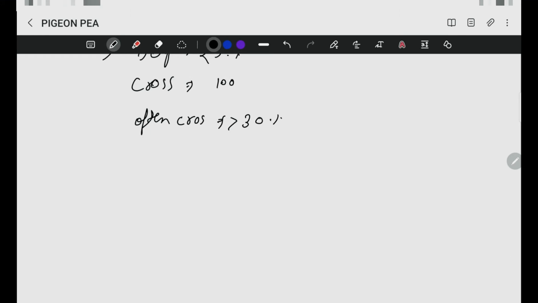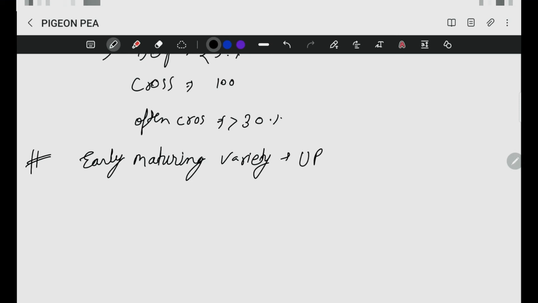Don't get confused. Now again the most important point is early maturing variety. This is often asked in the exam. Two examples of early maturing variety are UPAS 120. It attains its maturity in 120 days, and the next most important early maturing variety is Prabhat.